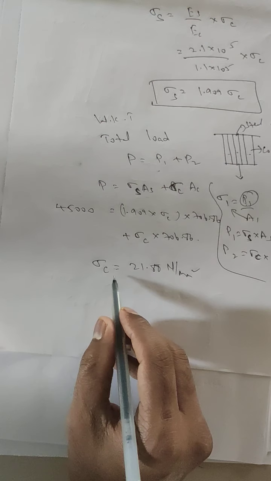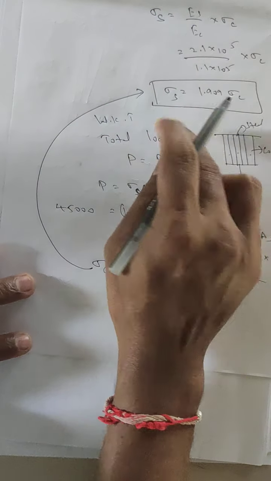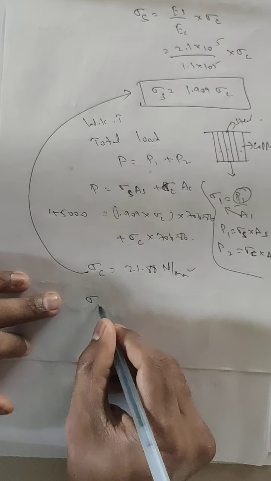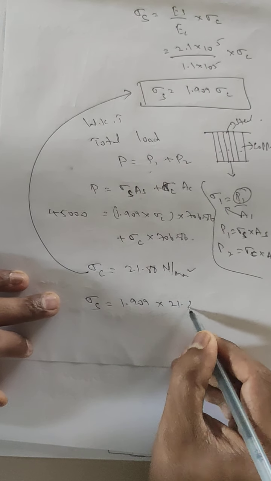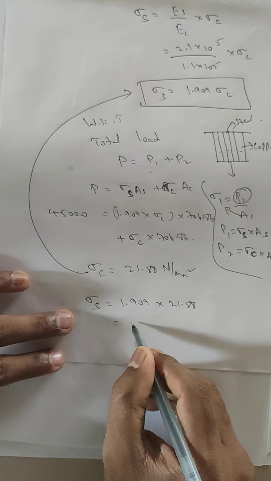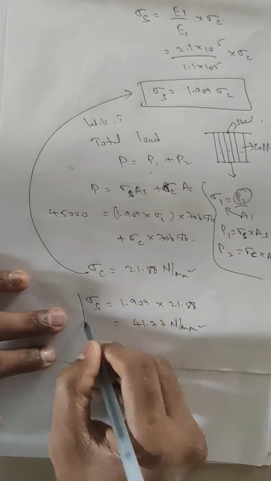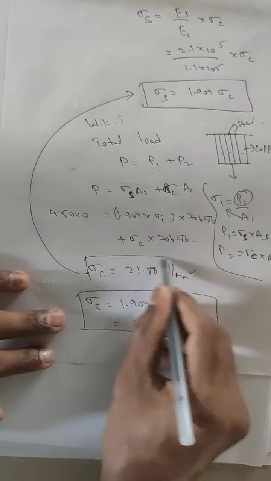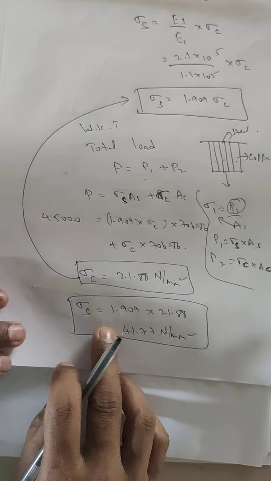Once you have sigma C, you can substitute it in the above equation. So sigma S is equal to 1.909 into 21.88, which is equal to 41.77 Newton per mm square. So we have calculated sigma C and sigma S.